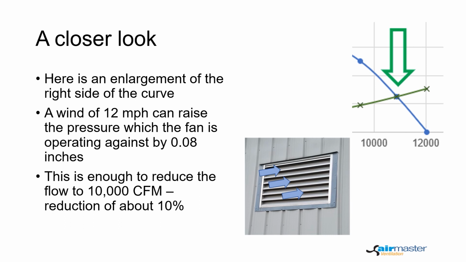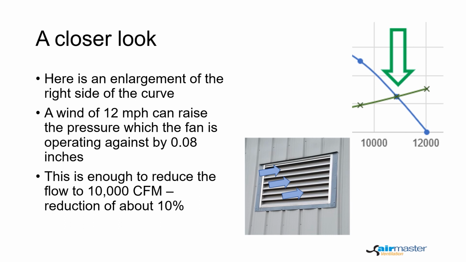Now, look at the curve starting at the green arrow, which is our design point, which is 0.125 inches of pressure. However, when the wind is blowing at 12 miles an hour, there's going to be an additional resistance of 0.08 inches, or a total of 0.2 of an inch.